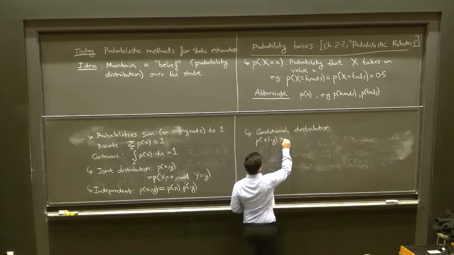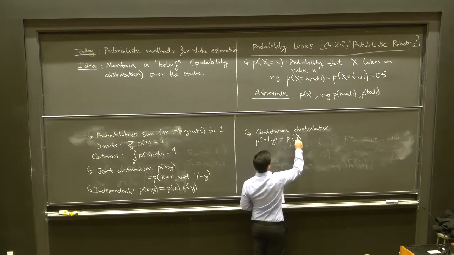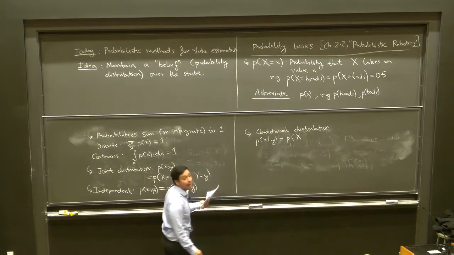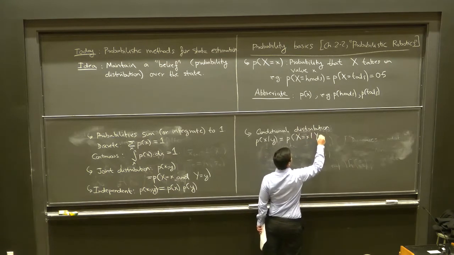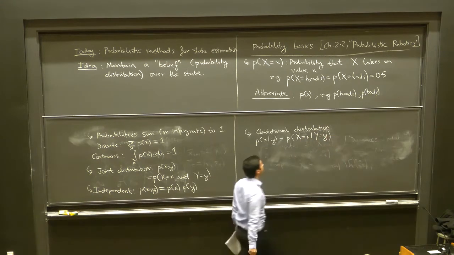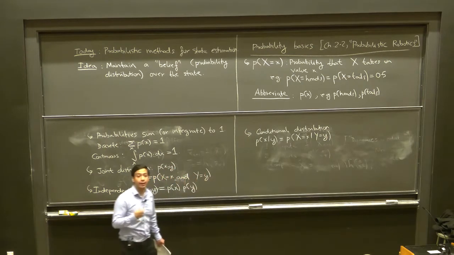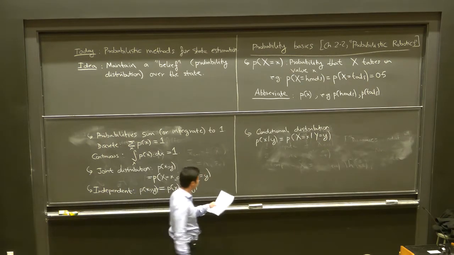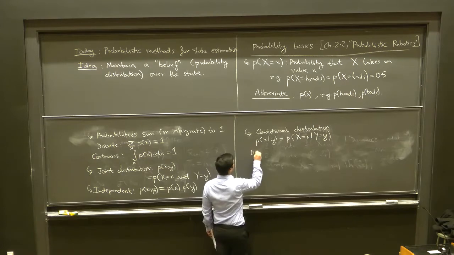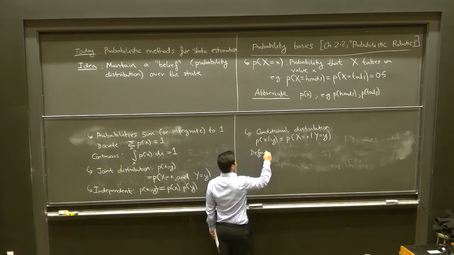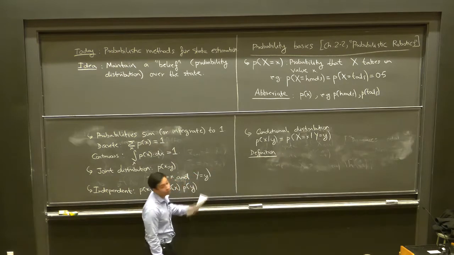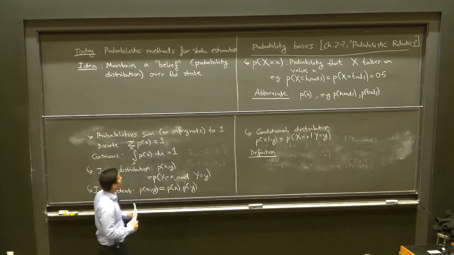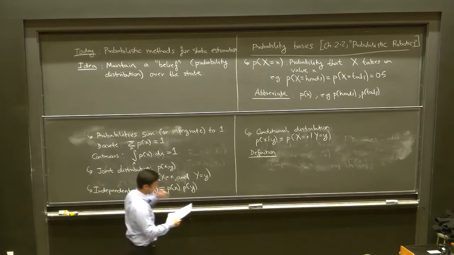And again, this is really shorthand for saying that this is the probability that random variable capital X takes on value little x, conditioned on the random variable capital Y taking on value little y. And by definition, we're just going to define this notion of conditional distribution from these previous notions of joint distribution.